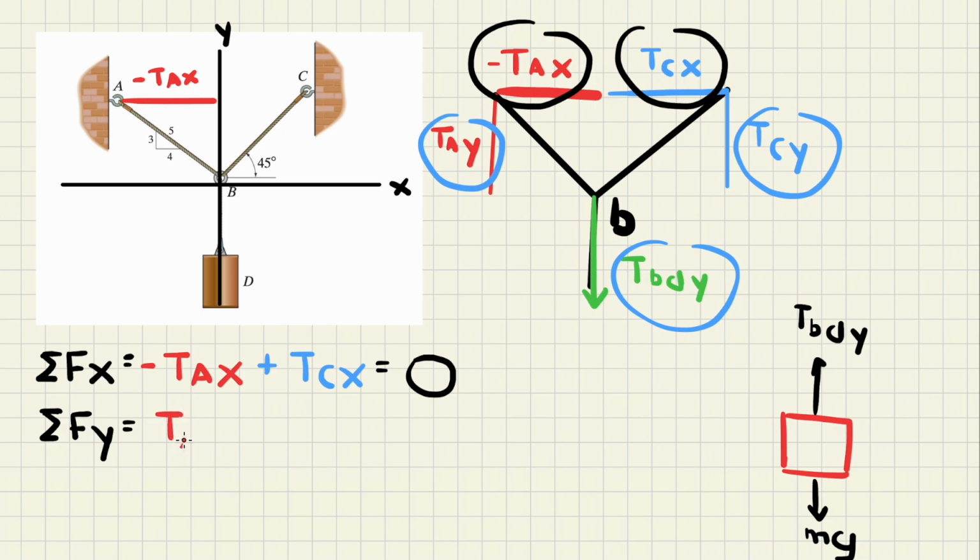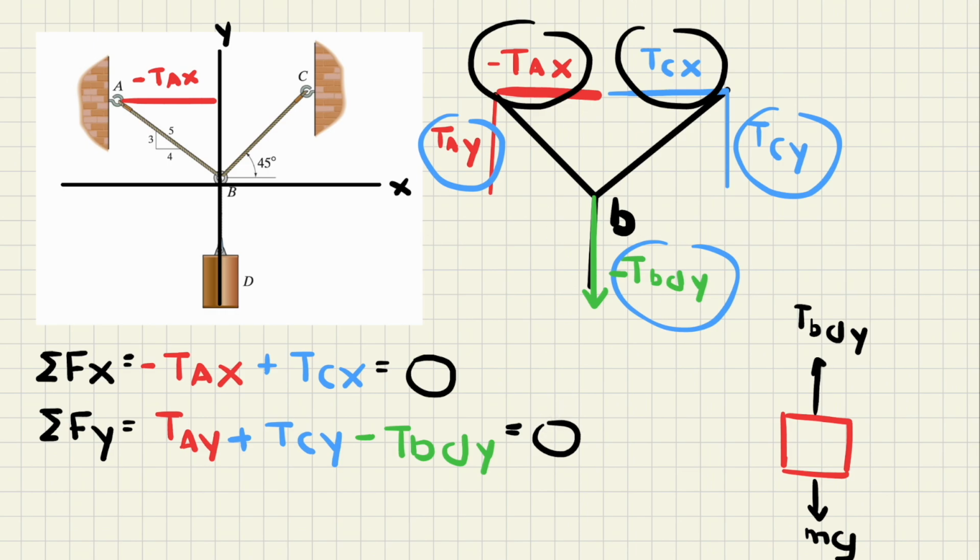So we have TA in the y direction plus TCY and minus, because this is pulling down, minus TBDY. And as always, this is equal to 0.